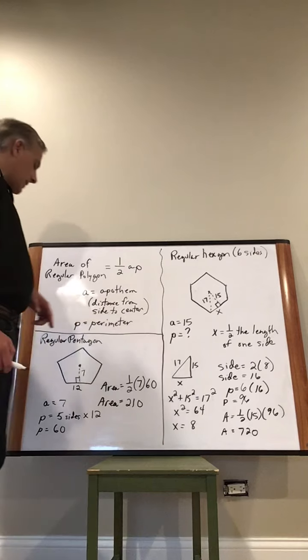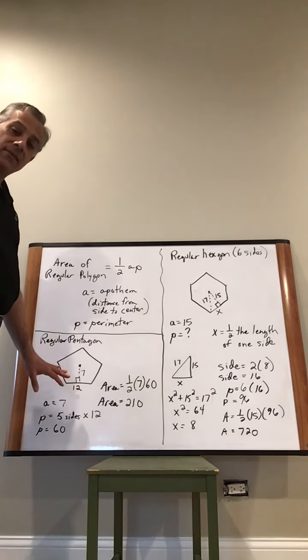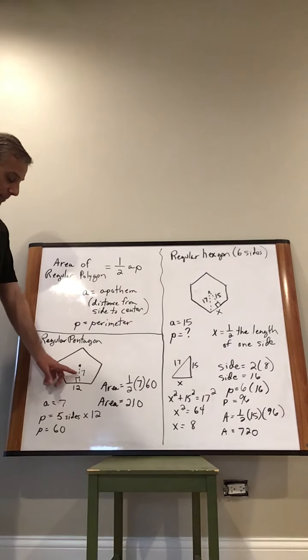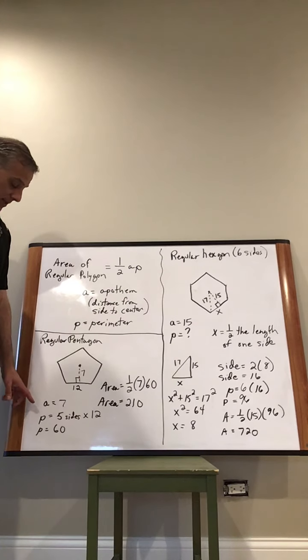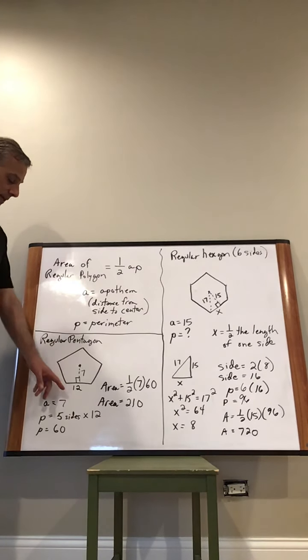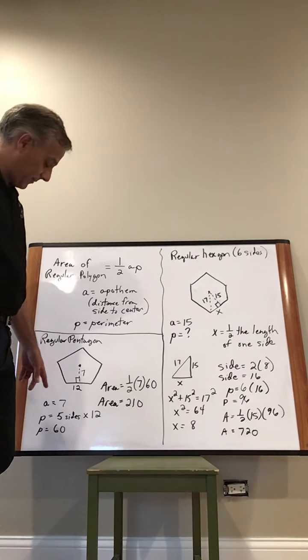Here I just have a basic problem where you're given all of the information. The apothem is equal to 7. The perimeter we do not know, but we know that it's a pentagon, and one side is equal to 12.